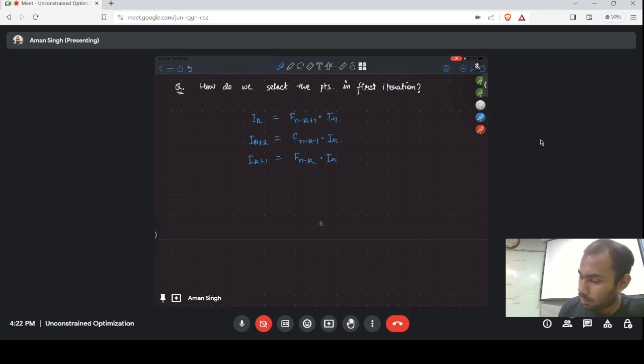So Ik plus 2 by Ik plus 1 equals F(n minus k minus 1) upon F(n minus k), which will give us Ik plus 2 equals F(n minus k minus 1) upon F(n minus k) dot Ik plus 1. So this is correct.